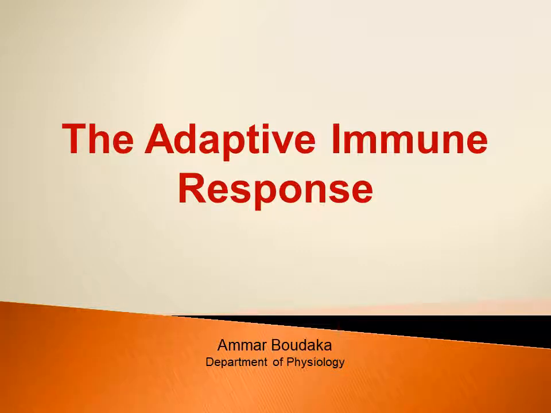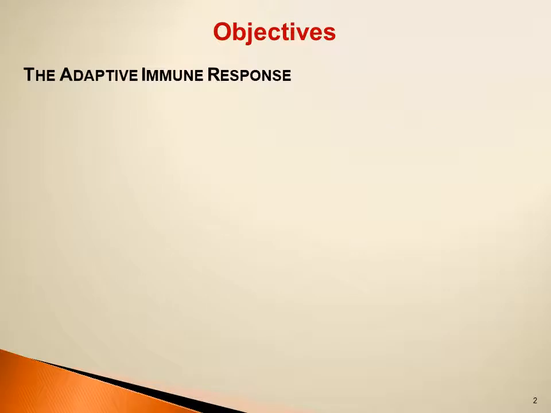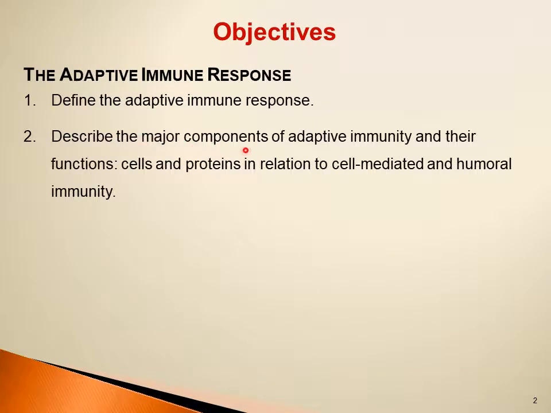In today's session I'm going to cover the adaptive immune response. The objectives of today's session are to define the adaptive immune response, to describe the major components of the adaptive immunity and their functions. We have cells and proteins that are key players in the cell-mediated and humoral immunity respectively.